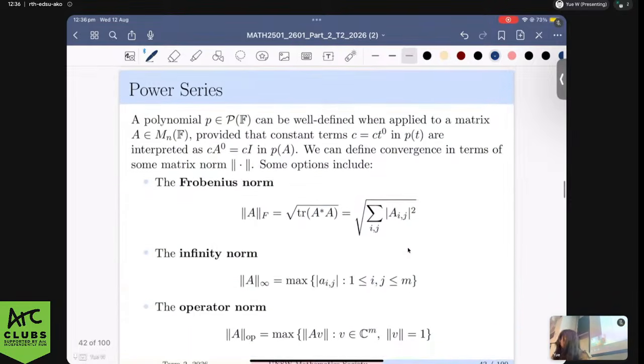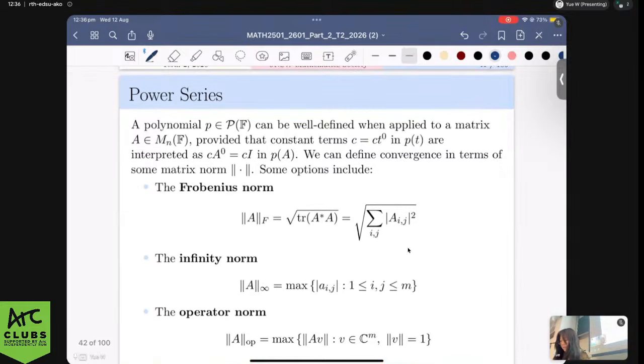Now we're moving on to power series. A polynomial can be written when applied to a matrix, provided that the constant term c is interpreted as this one here. We can define convergence in terms of some matrix norm.